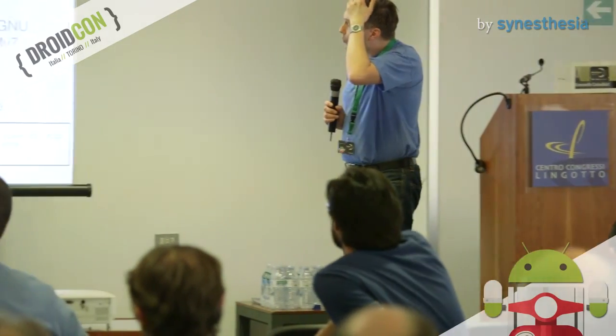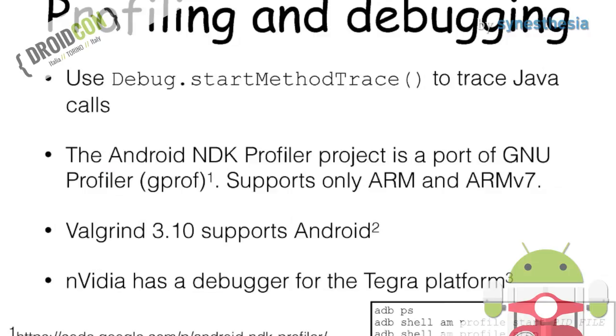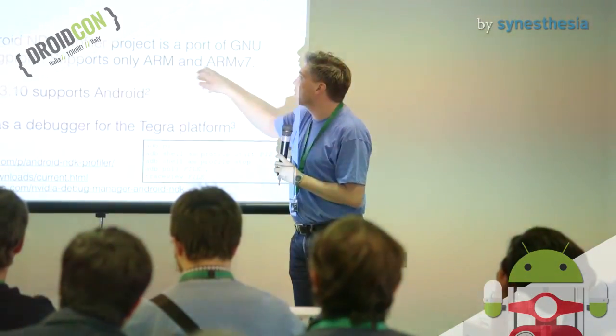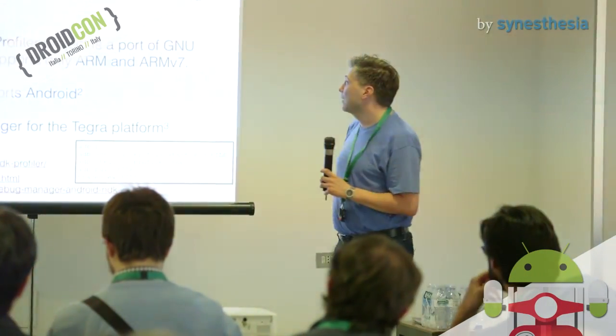Since we are in two different worlds, profiling and debugging, as I said, is really hard. Of course, you can do some tracing; the Debug class has the startMethodTracing method and provides you something, not very good. There is a project that tries to support the GNU profiler, but it will only work for some architectures, not very good.